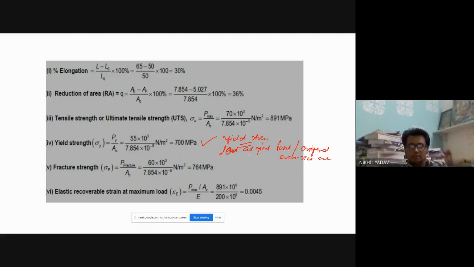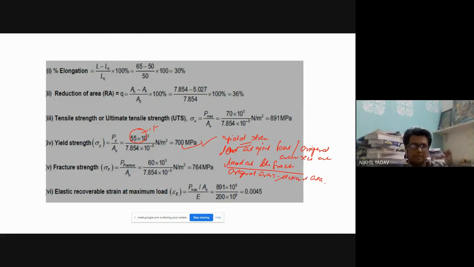In the numerical, the load at the yield point is 55 kilonewton. So that would be into 10 to the power 3 upon 7.54, as they found out, it will be 700 MPa, right? Fracture strength, obviously, is the load at fracture upon original cross-sectional area, right?